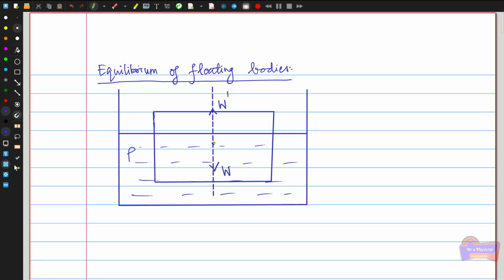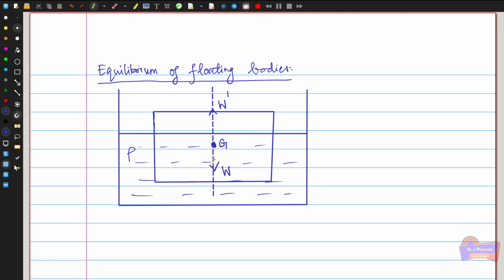Suppose I take some point G, the center of gravity of the object, and the weight acts along this line. We have another force, the upthrust W prime, acting vertically upwards at the center of buoyancy, due to Archimedes principle.